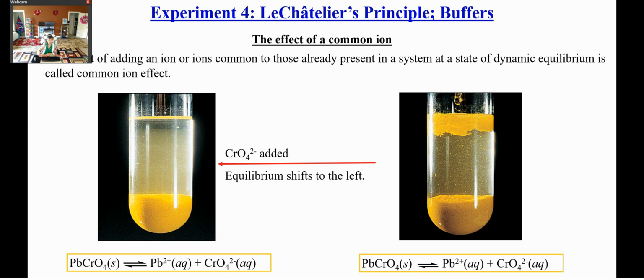For example, lead chromate, PbCrO4, is a slightly soluble ionic compound. It breaks down into Pb2+ and chromate, CrO4 2-. If you add some chromate into this solution, you increase the product, and your equilibrium shifts to the left. That is the common ion effect.